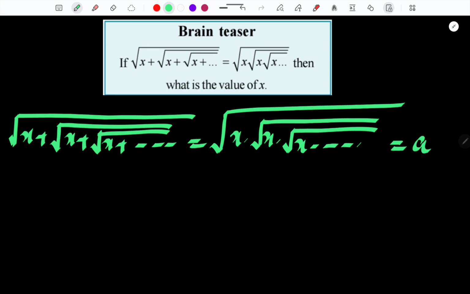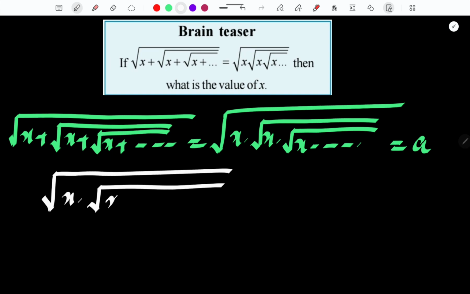Okay, first of all I am going to consider this part. Observe that part. I am going to take root of x into root of x into root of x and so on up to infinity as a.